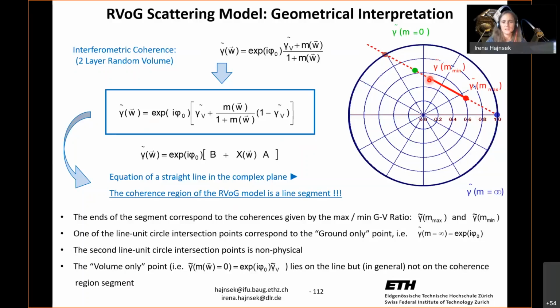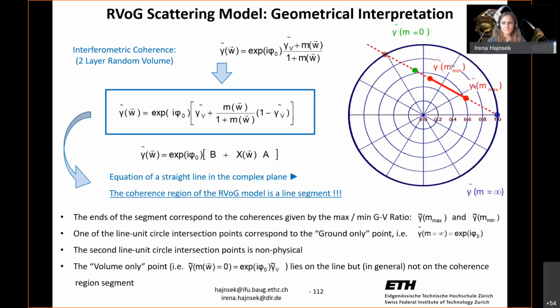So this is a volume only point and lies on the line, but in general not on the coherence region segment. So not here really, but somewhere here on the line along it, farthest away. So this is the interpretation of the model that I've shown before, plotted now into the unit circle.